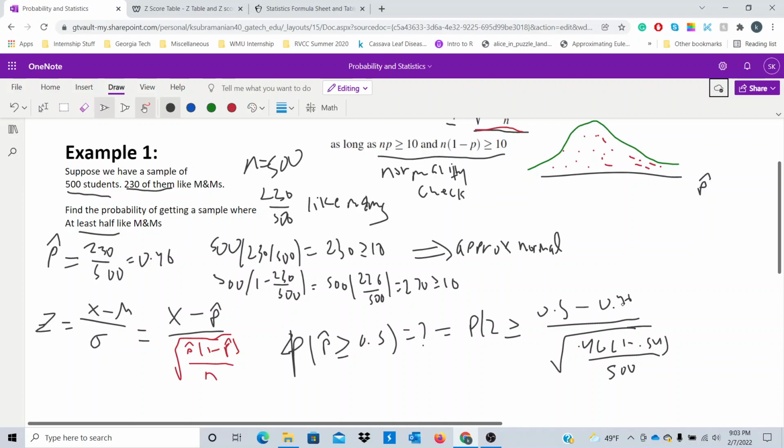So I'm going to punch this into my calculator real quick. Give me a moment to get the z-score. And you can even follow along too, on your calculator.